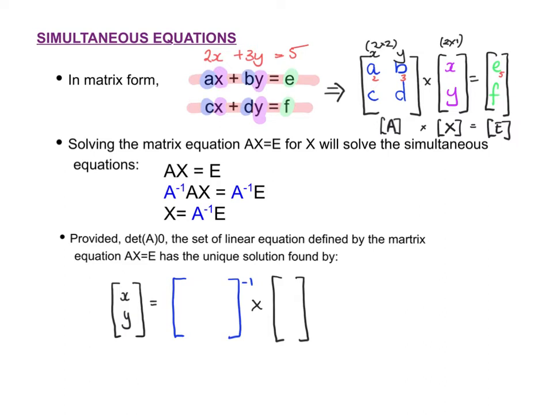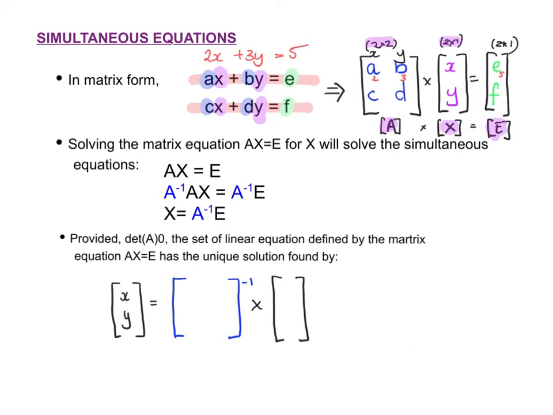If we give those matrices a label, we call this 2 by 2 matrix A, we call the 2 by 1 matrix X, and I'm calling this 2 by 1 at the end matrix E, for end, okay?